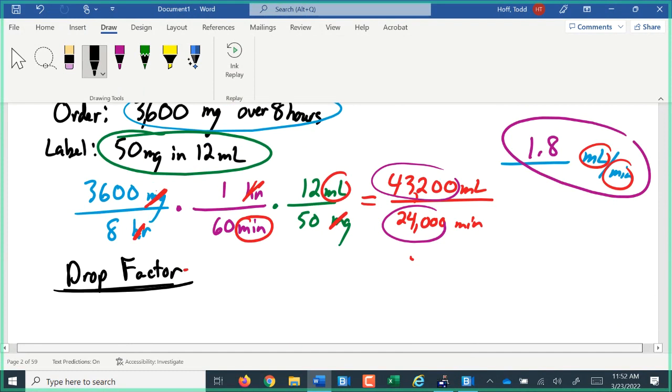Well, a drop factor actually goes the opposite direction. It says how many of those drops it takes to make 1 milliliter. It's the number of drops of that fluid in a milliliter.